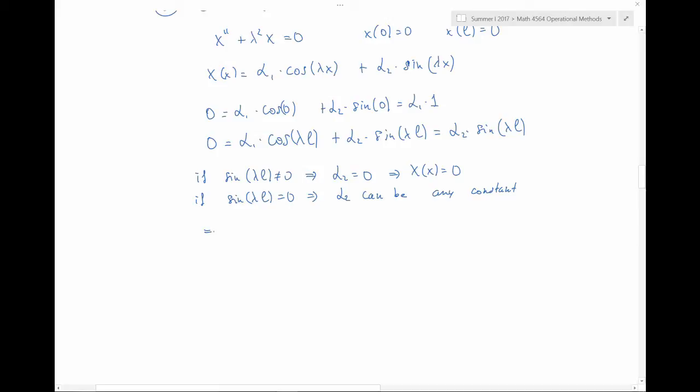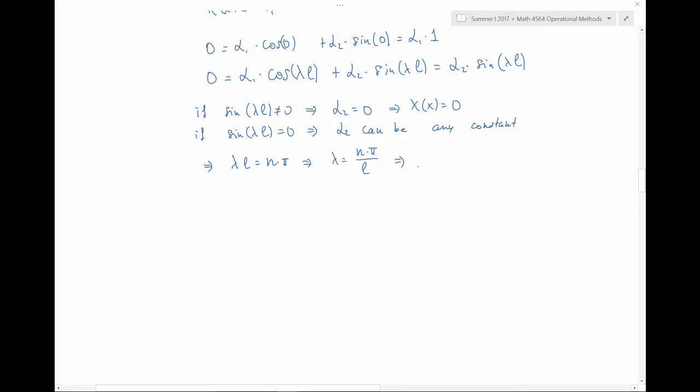Therefore, the only possibility to get sine of lambda L to be 0 is for lambda L to be equal to some kind of multiple of pi. Therefore, lambda should be n pi over L. The function X of x therefore takes this form.